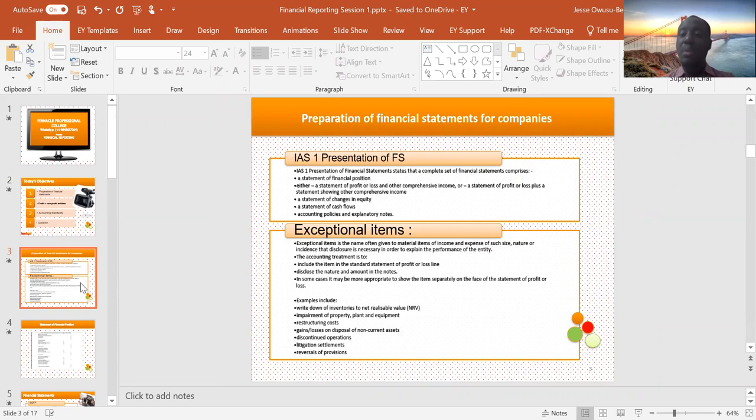So these 5 things come together to form a complete set of financial statements. Very, very important. When you are presenting a full set of financial statements, these 5 things must come together.